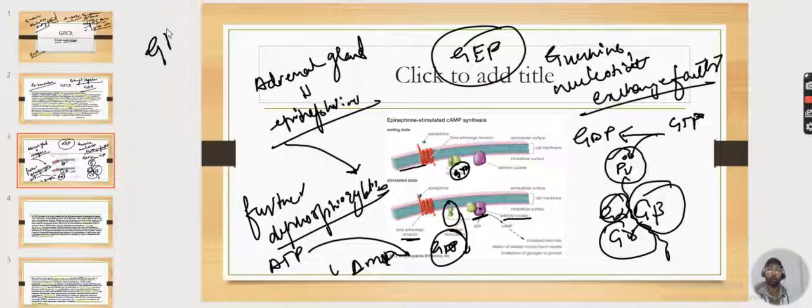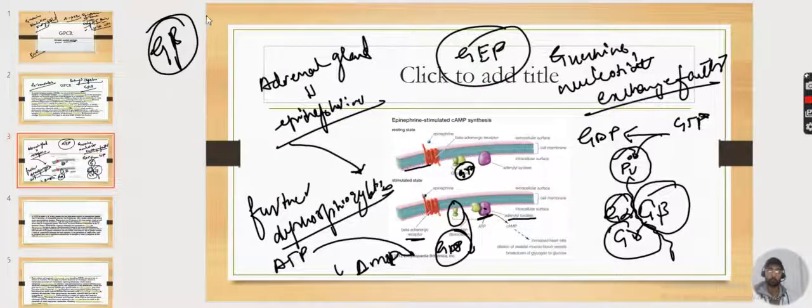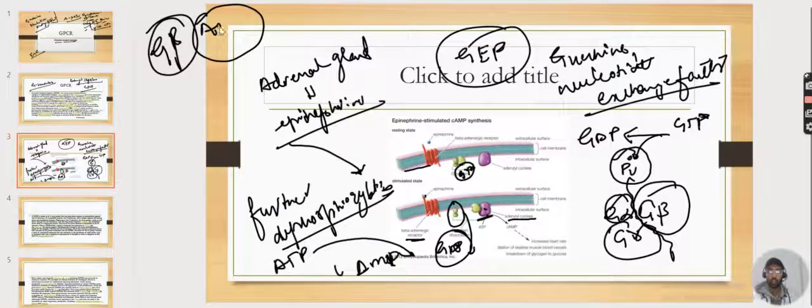It would be activated by G beta. It would cleave this ATP into cyclic AMP, and it would act as a secondary messenger to the cell, and it would result in the increased heart rate.